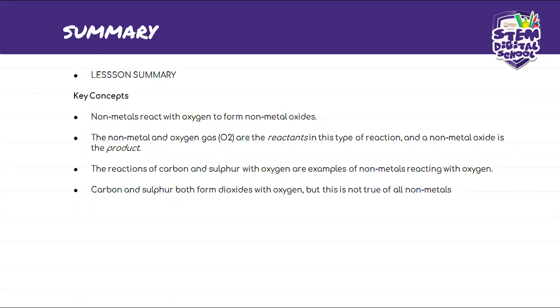Okay. Now, we are saying that non-metals react with oxygen to form what? Non-metal oxide. Just like yesterday, we were looking at metals reacting with oxygen to form metal oxides. So now today is non-metal reacting with oxygen to give us non-metal oxide. So take note.